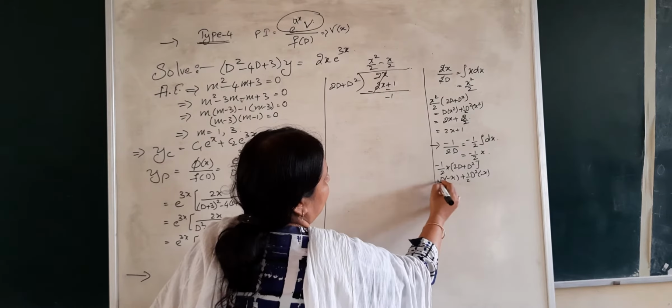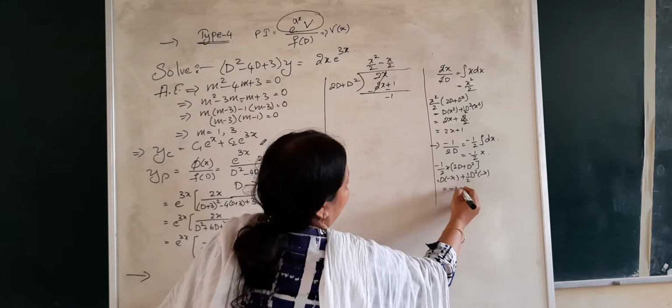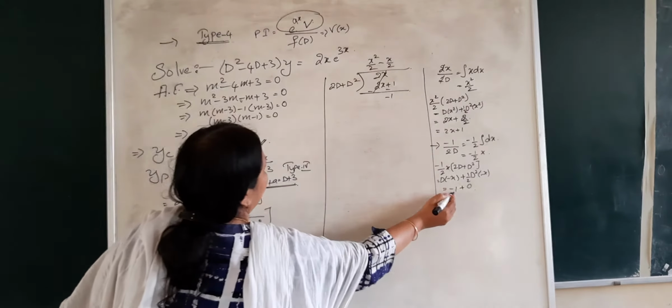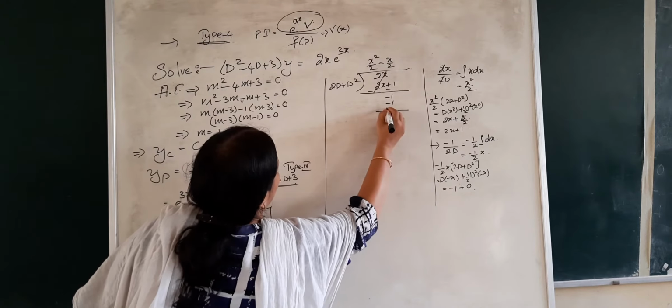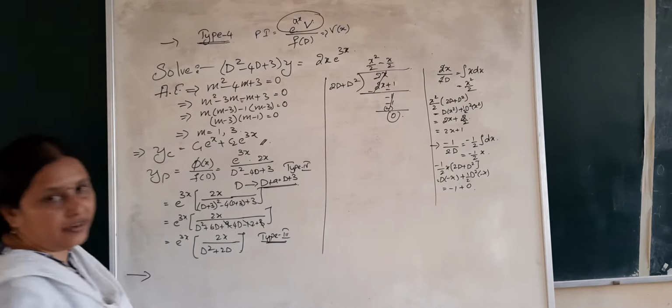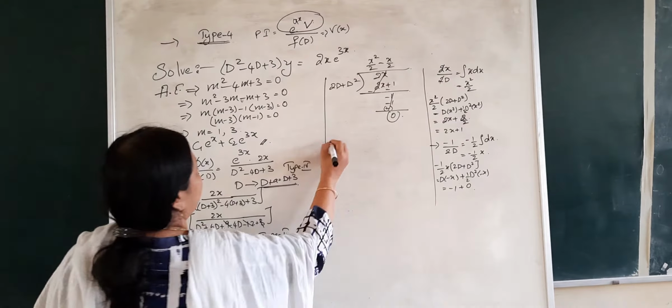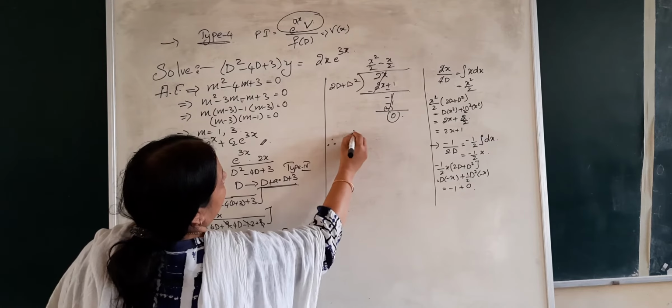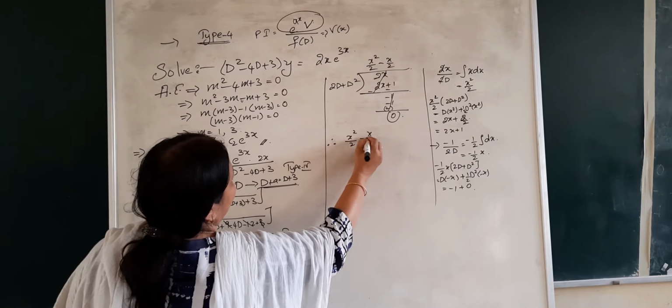The derivative of minus x is minus 1, but the second derivative of this is going to be 0. So what we have here is minus 1; changing the signs, we get 0. Hence, what is your yp? This quotient here is equal to x square by 2 minus x by 2.